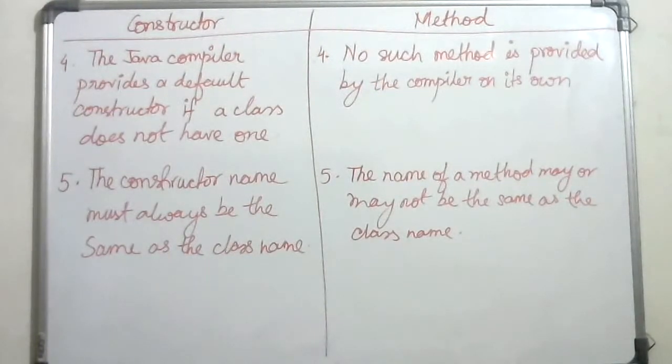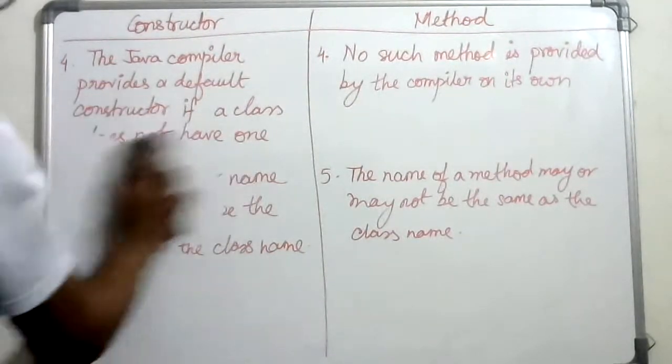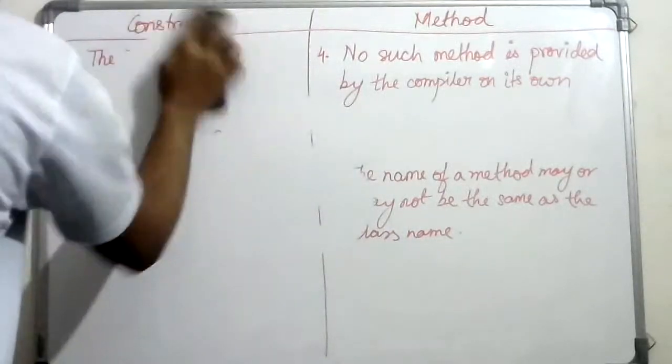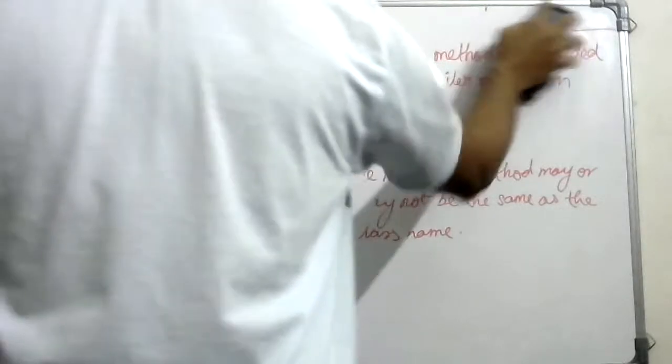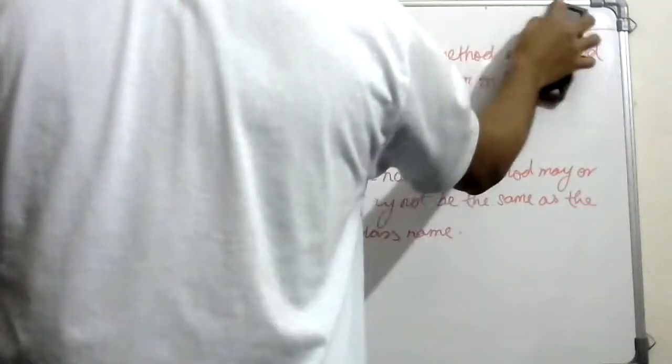There's a concept, but Java does not support a copy constructor. So there's no point in talking about a copy constructor. Now, just a few more things before we finally end the class.